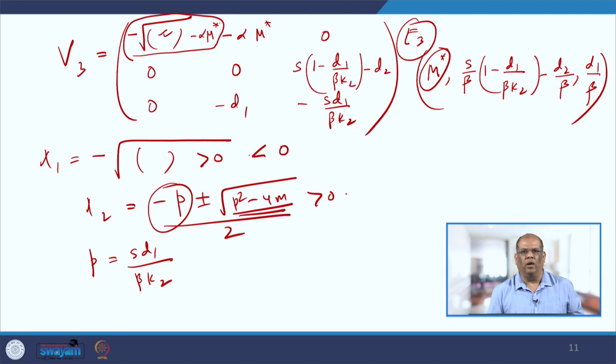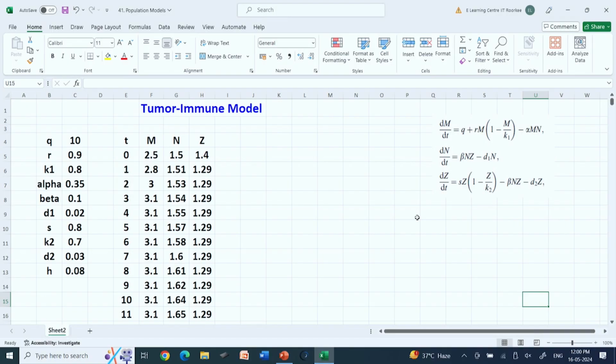Let us now look into the numerical solution of this particular model using Microsoft Excel. So, we already have the model here. These are the parameter values. I have already calculated these values of m, z and n. So, let us just plot these values.